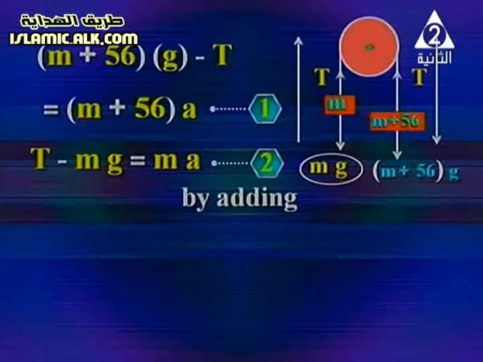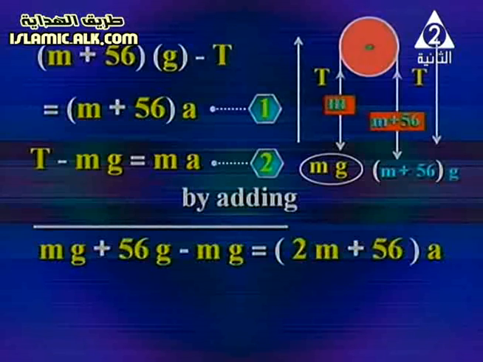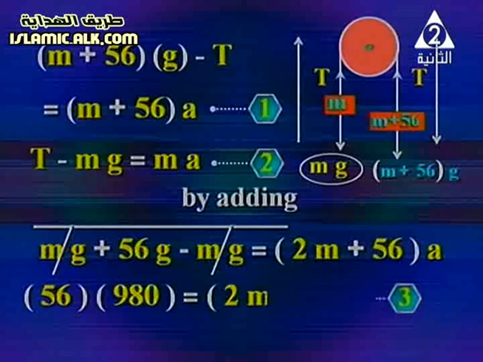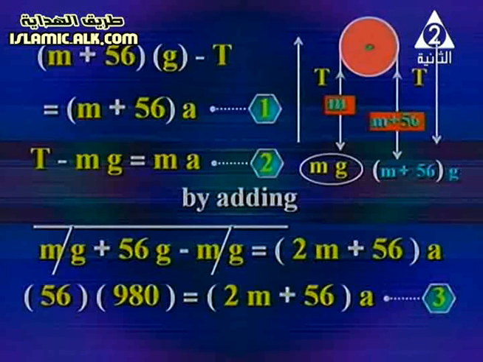By adding, we find the relation between g and a: mg plus 56g minus mg equals the bracket containing 2m plus 56 times a. Look, mg plus negative mg equals 0. Then we find the value of acceleration: the left-hand side is 56 times 980, the right-hand side is (2m plus 56) times a.